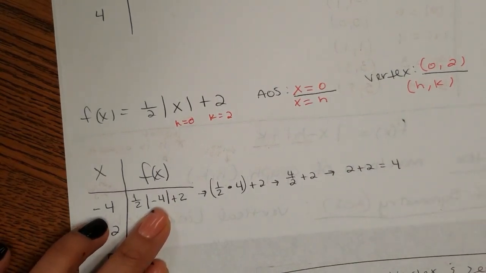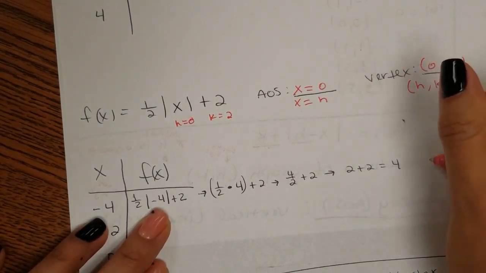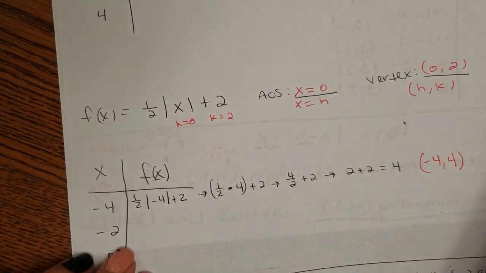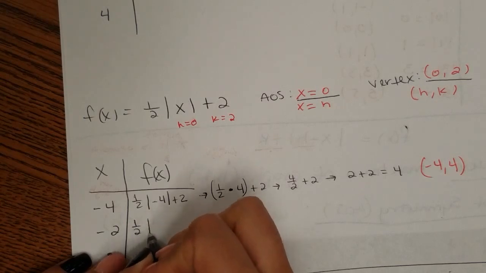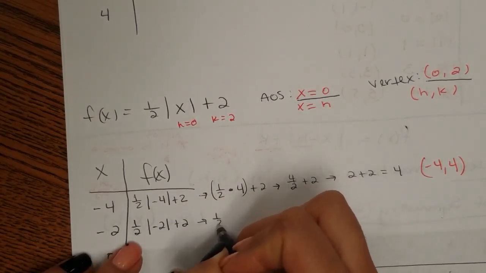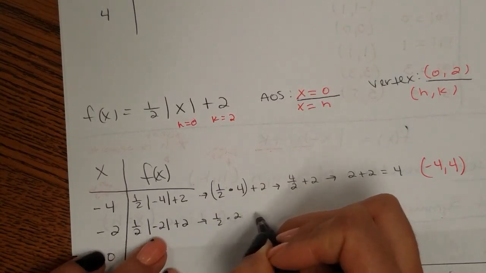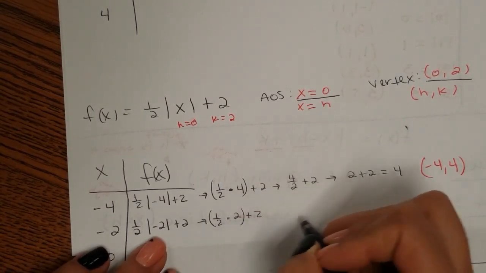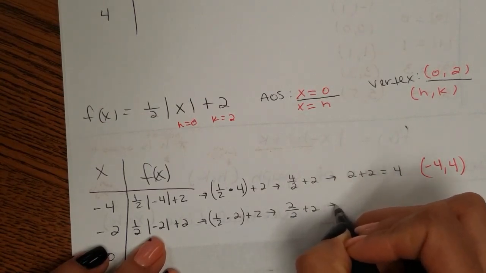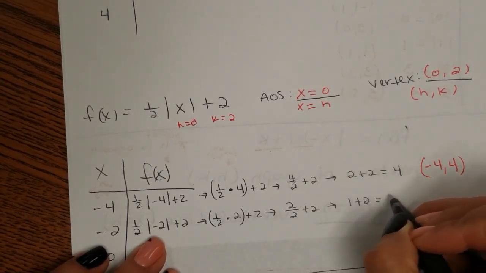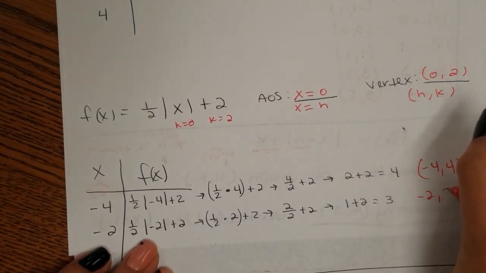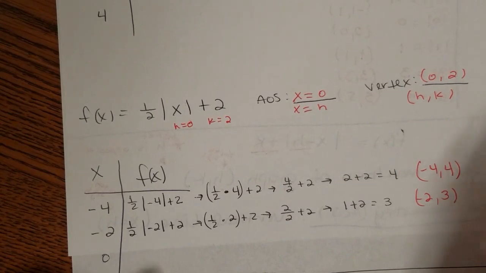So then our point here is the point (-4, 4). Same thing here, 1/2 times the absolute value of -2 plus 2 becomes 1/2 times +2 plus 2. That we group together: 2 over 2 plus 2, which becomes 1 plus 2, which is 3. So then we have the point (-2, 3), and then that's it.